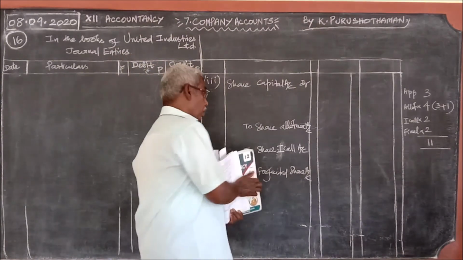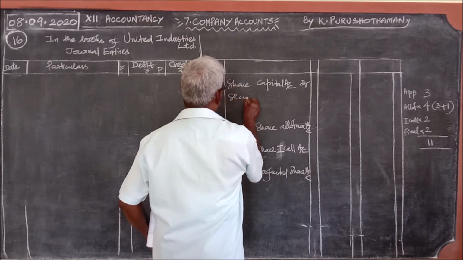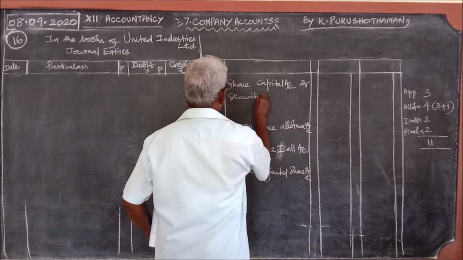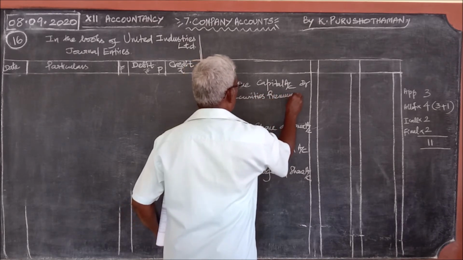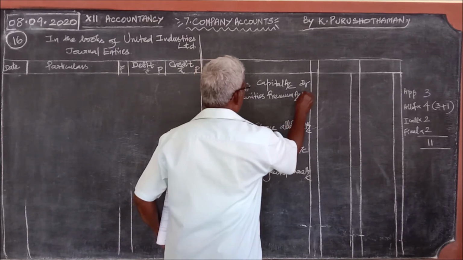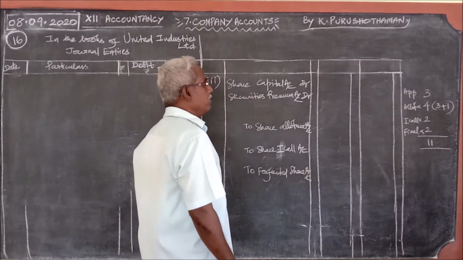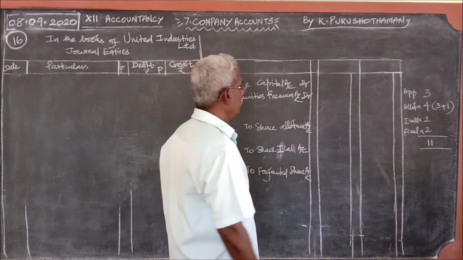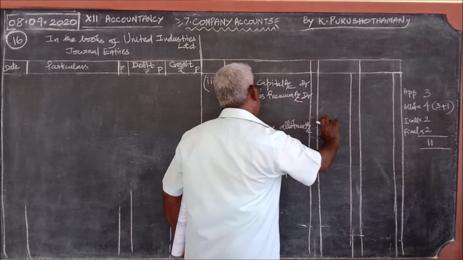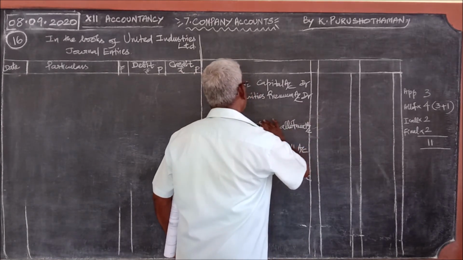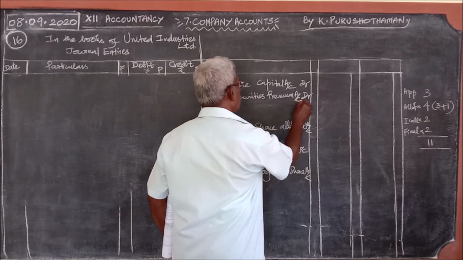On the debit, what should you write? Share premium account or securities premium account you should write. I told you the reason also. In the allotment stage only the premium is included, so we should write it. If the allotment money has already been paid, this will not appear here. So you must be very careful.